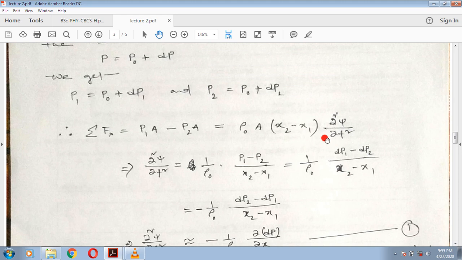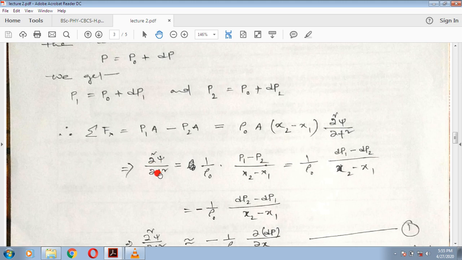So here we have rearranged slightly. So del 2 psi del t square is equal to 1 by rho naught. Then the area of cross section will be cancelled out from both sides, and here we will have P1 minus P2 and then x2 minus x1, and P1 minus P2 will give us dP1 minus dP2.